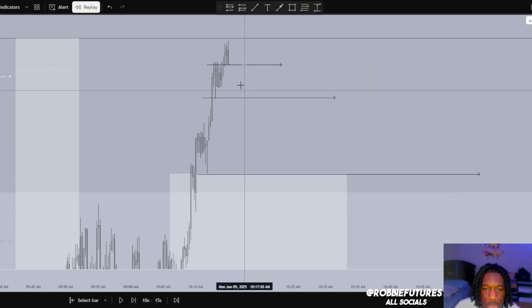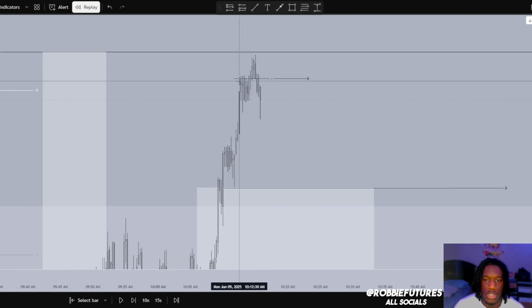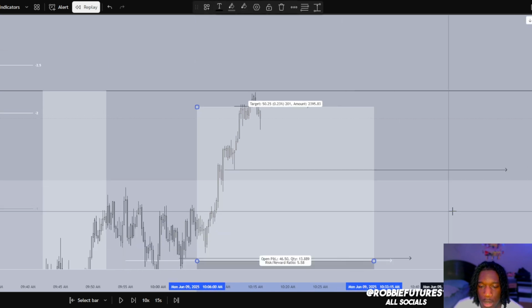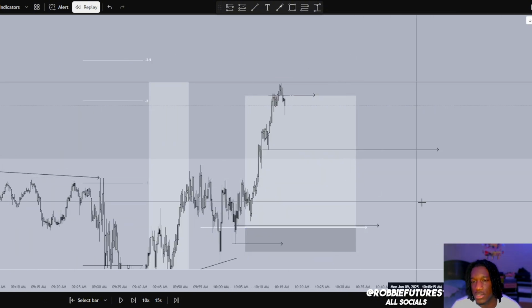I get another trail, and I'm pretty sure I trailed again up here. Yeah, so my last trail was up here. Price takes this out, and that is 5.4, 5.4 RR secured on this last trail.